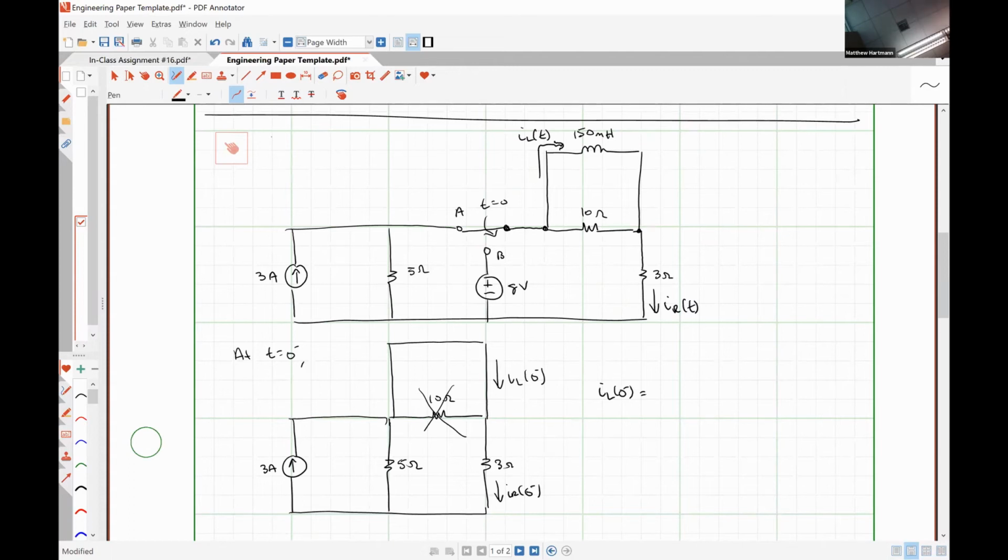So using current division, we can find that IL at 0 minus, which actually happens to be IR at 0 minus as well, is going to be 3 amps multiplied by, let's see, 1 over 5 ohms plus 1 over 3 ohms in my denominator. It's the reciprocal of the resistance of the branches. What goes in my numerator here?